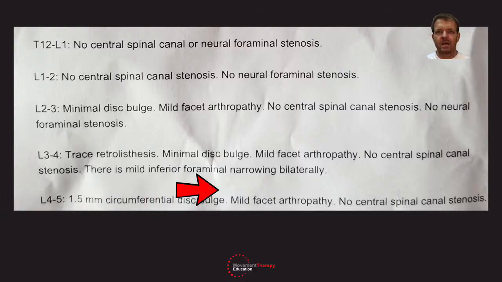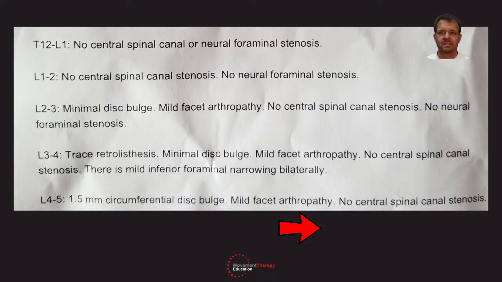Again, mild facet arthropathy, so mild changes to the facet joints, and no central spinal canal stenosis. So hopefully, by revisiting the anatomy and the names, and then putting it into practice with MRI reports, you can see what they're trying to describe.